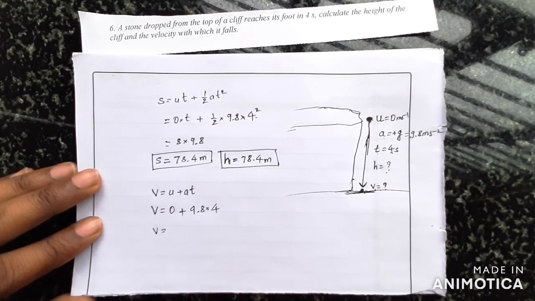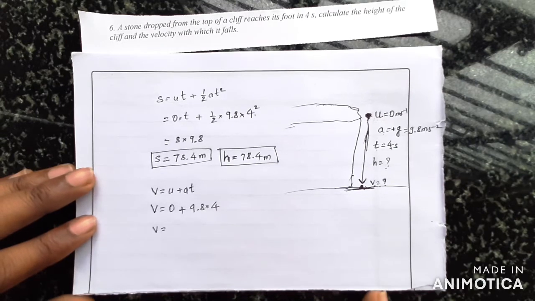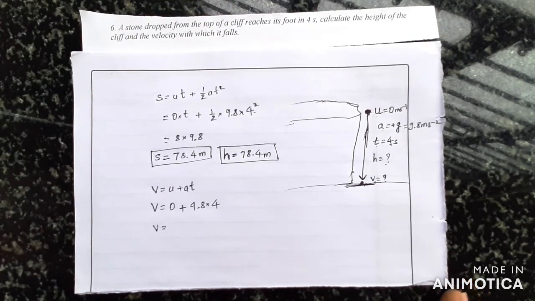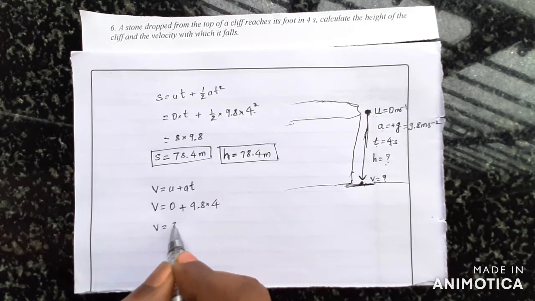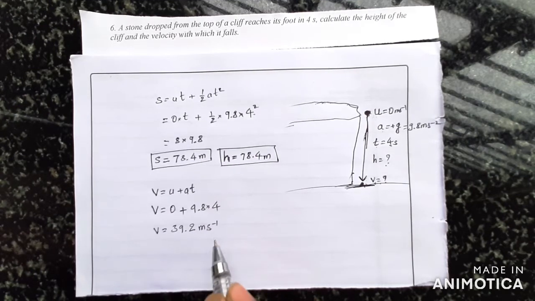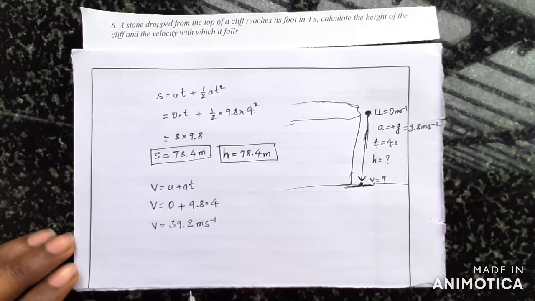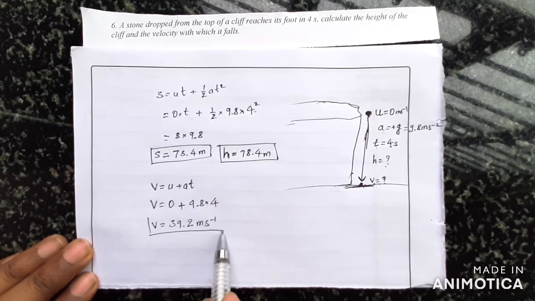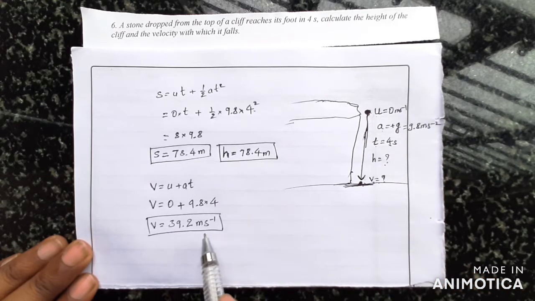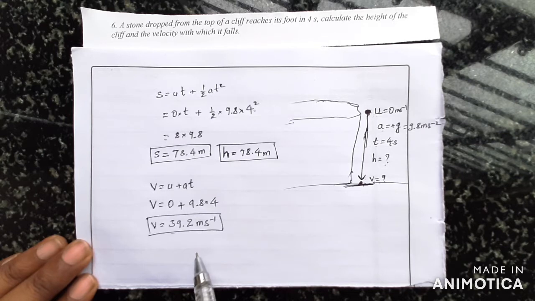So the velocity of the stone with which it reaches the ground is going to be 39.2 meter per second. So the speed with which the stone drops down and reaches the bottom of the cliff is 39.2 meter per second. This is about the sixth question.